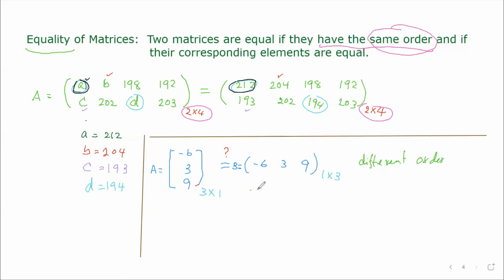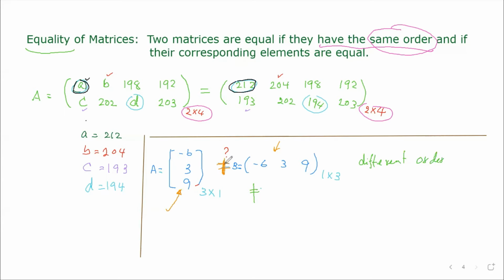In this case, matrix A and matrix B are not equal. Even though each element inside, negative 6, 3, 9, negative 6, 3, 9, is the same number, they still count as different orders. So this does not equal.